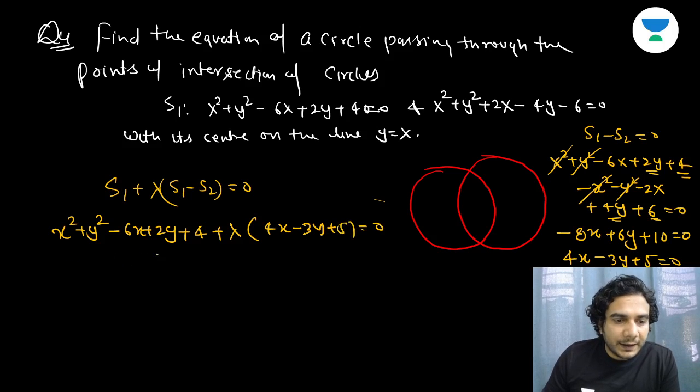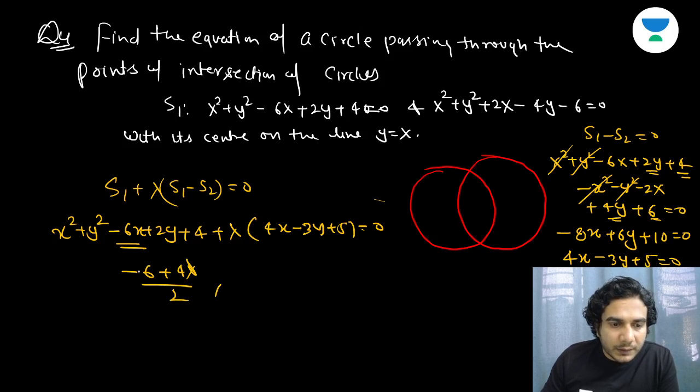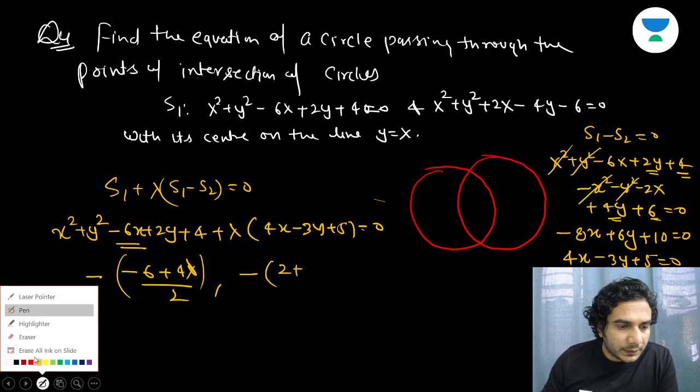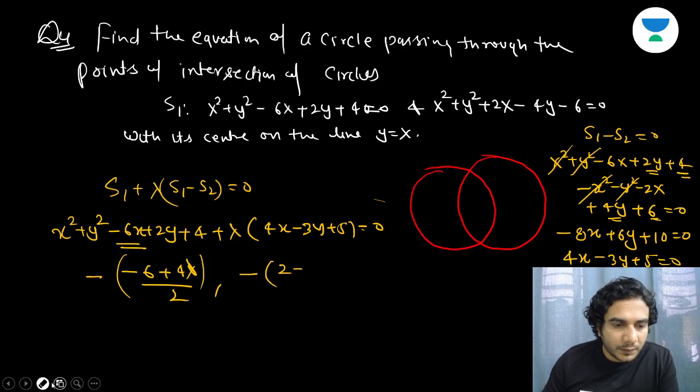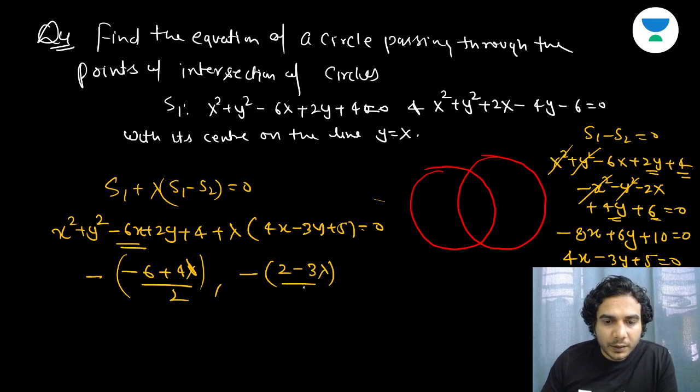And then you can write the center. The center you can see is minus 6 plus 4 lambda divided by 2 comma minus of 2 minus 3 lambda, divided by 2.